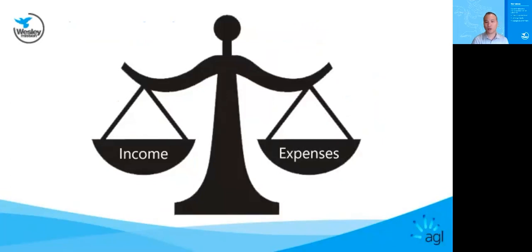And this is what we want, at least as a base level, your income to match your expenses. And this is really important. We run this program in community, and a lot of people that we are working with, they're in such financial strife because the income that they have is nowhere near the expenses that are going out.